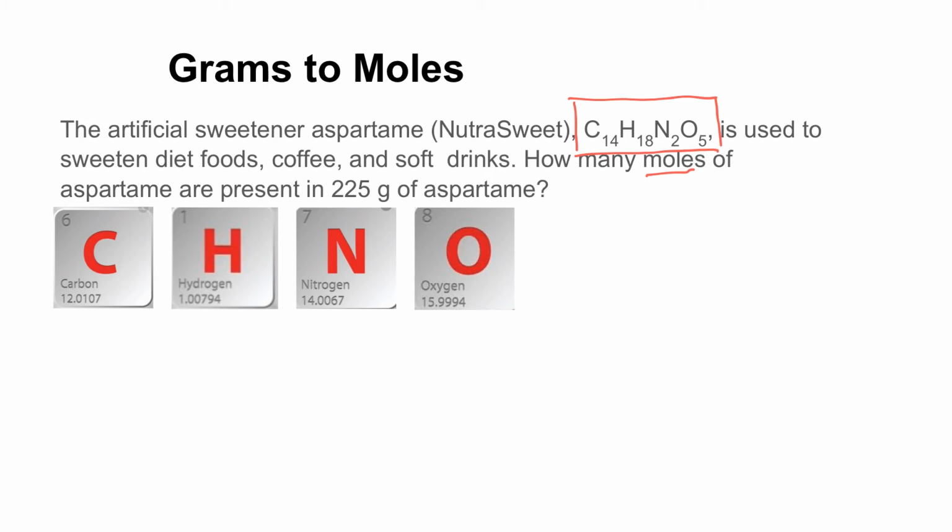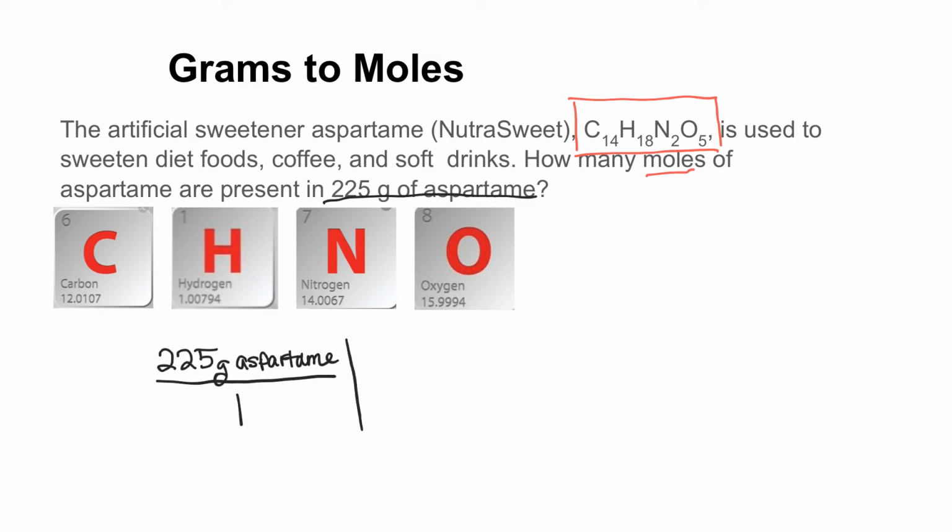And so identifying our given, 225 grams of aspartame. We're going to take that and put it right down here over 1. 225 grams of, and I'm not going to write out the formula, instead I'm going to use aspartame, over 1.